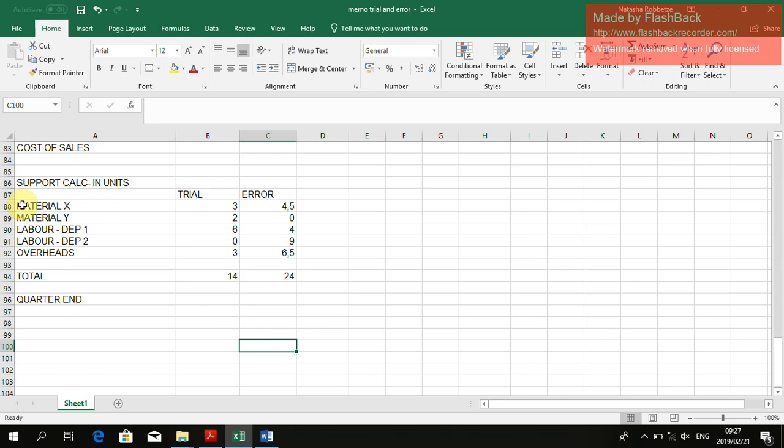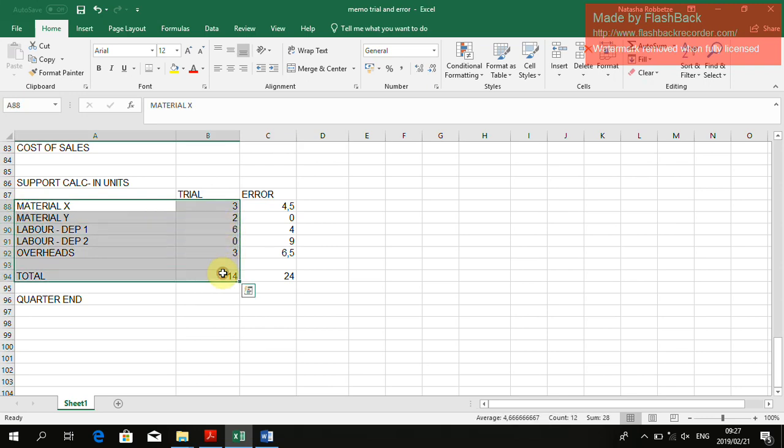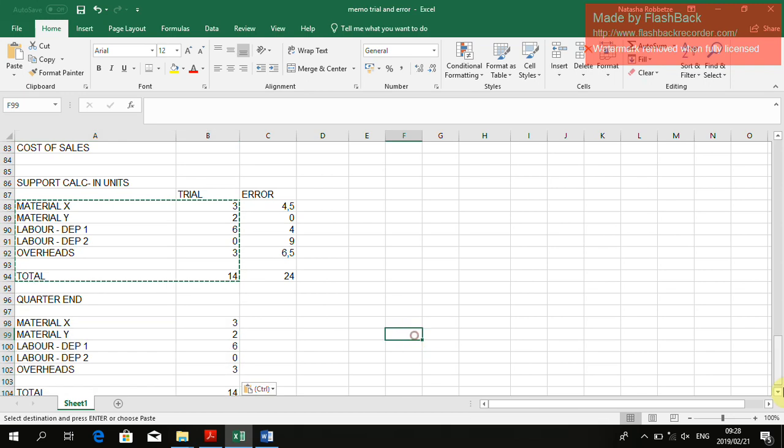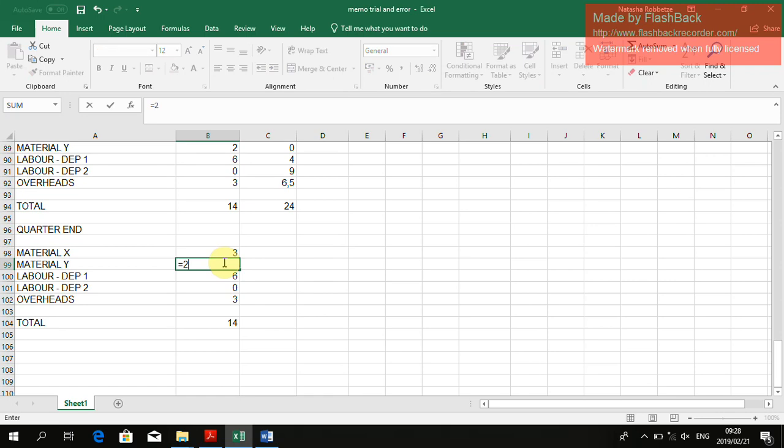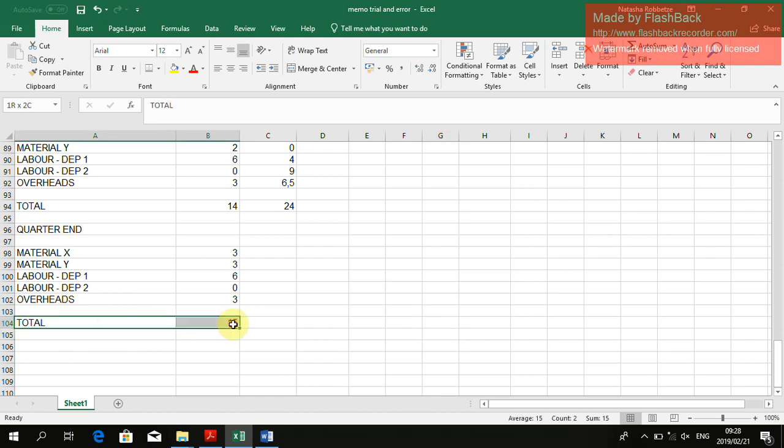So for quarter end, we're going to have to do a different calculation. I'm just going to copy this. And then I need to go and change the answer to raw material Y. Because now it will be 2 kilograms at 1 rand 50 rather, which will give me then a different total, and that will be 15 rand per unit.